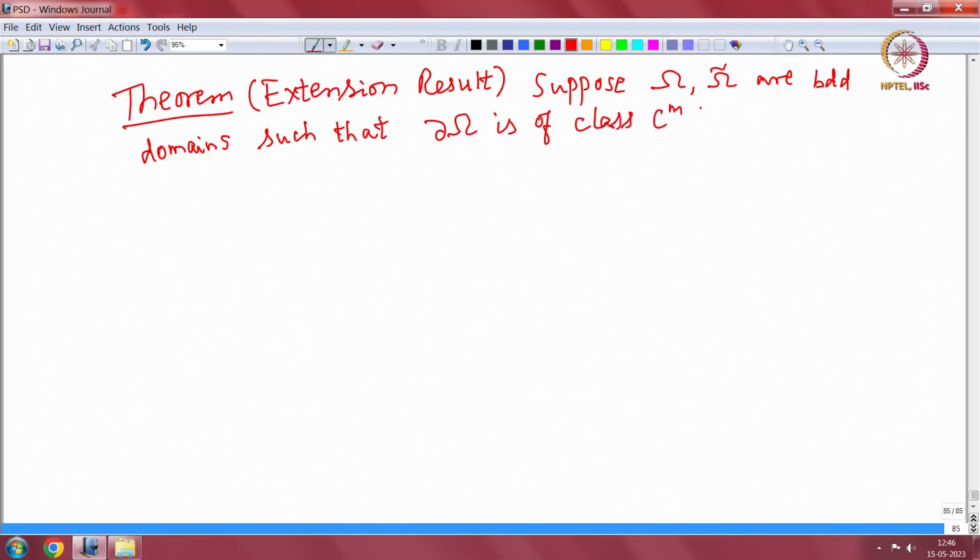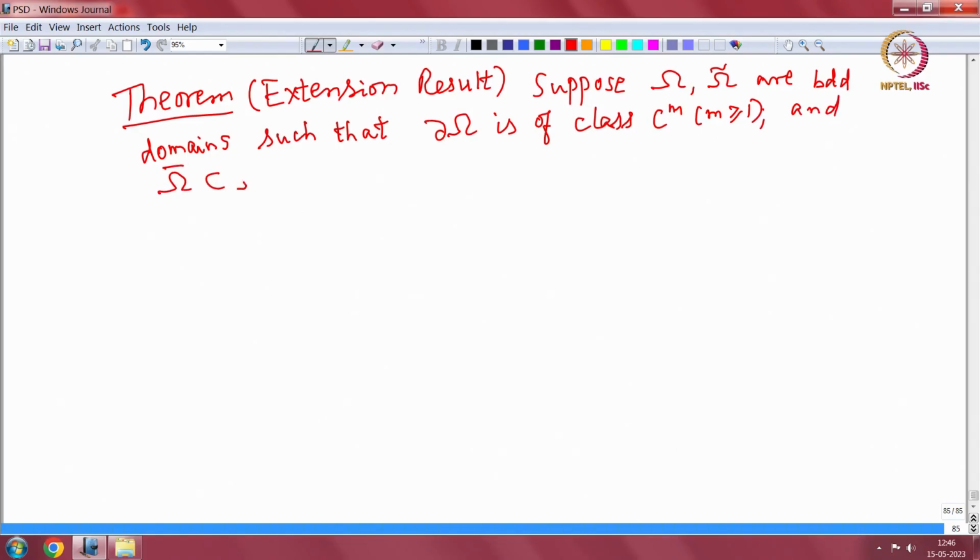And remember, m is at least 1. So this means that this boundary del omega can be written as a finite union of simple pieces, and this omega bar sits in omega tilde.